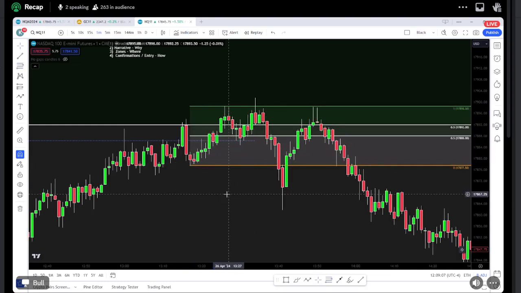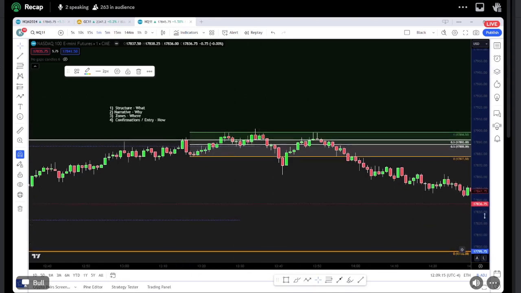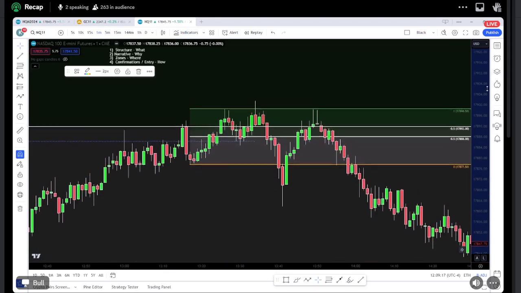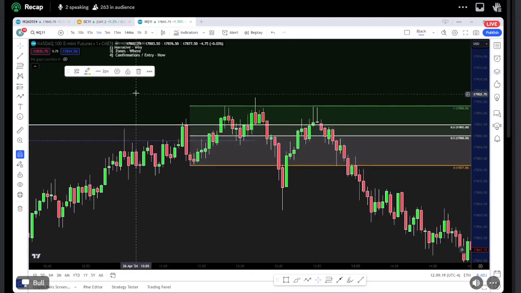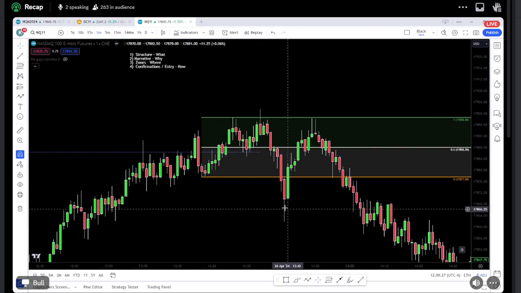If you're taking a short off of this 50% level, let's say we identify this as our high time frame zone, but we're not trading with a stop that's 90 points. I don't know about you guys, I don't have an account size like that. And we're looking at this short off of the flip.